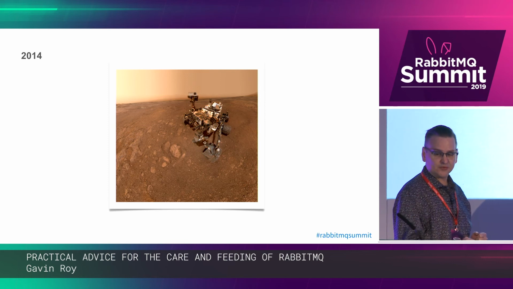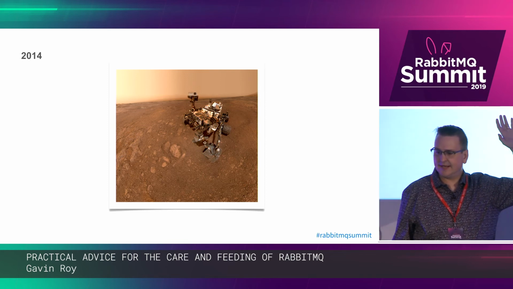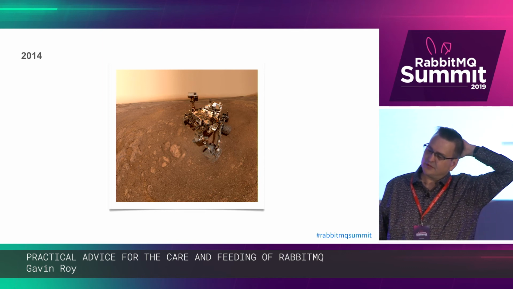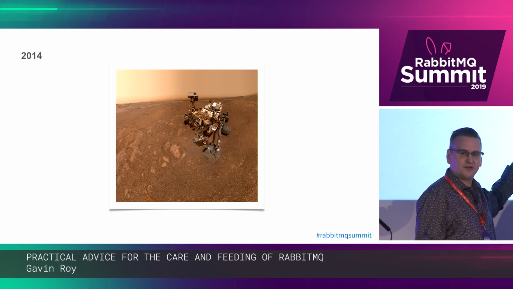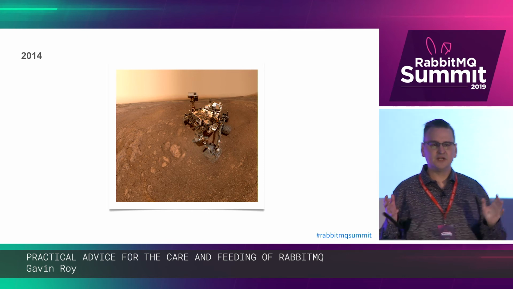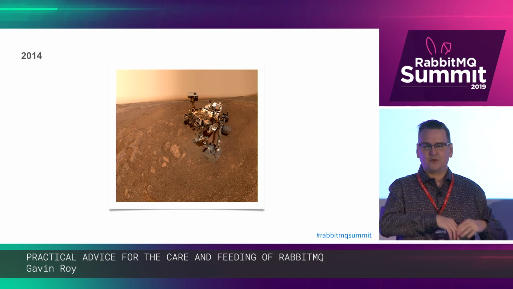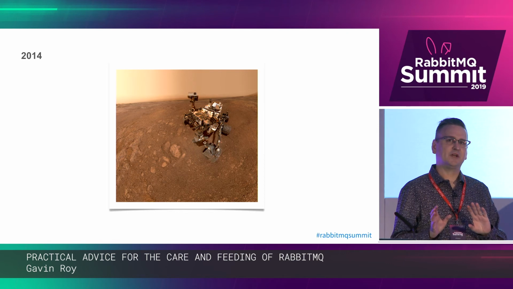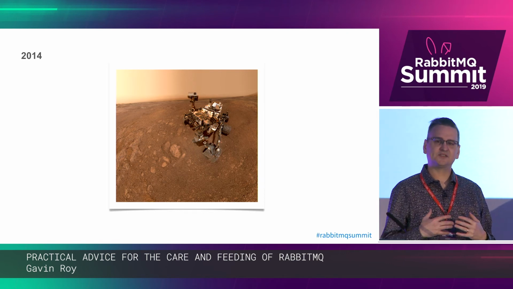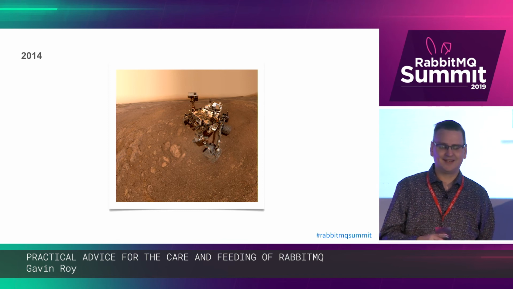Again, we're talking about 2014. We got this awesome selfie from Mars. And while the awesome people at NASA, JPL, and everybody else involved in a project of sending machinery to another planet to go investigate and take pictures, I was dealing with a much less important, in the grand scheme of things, technological debate.